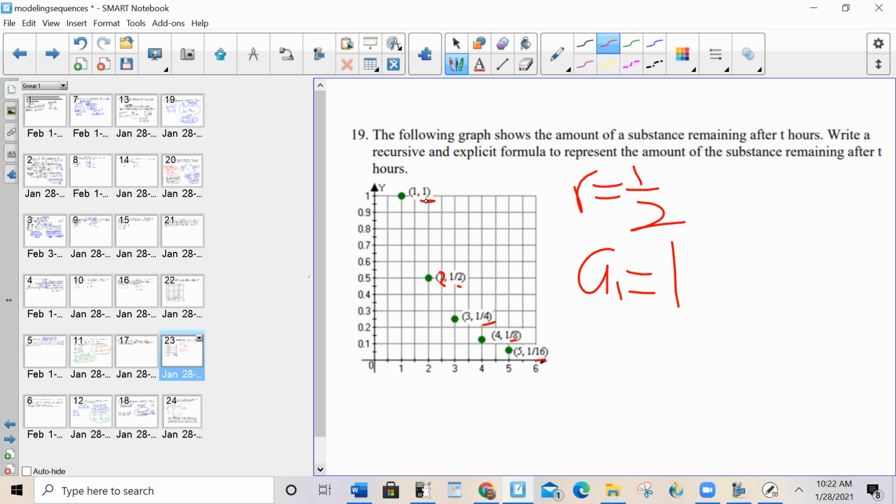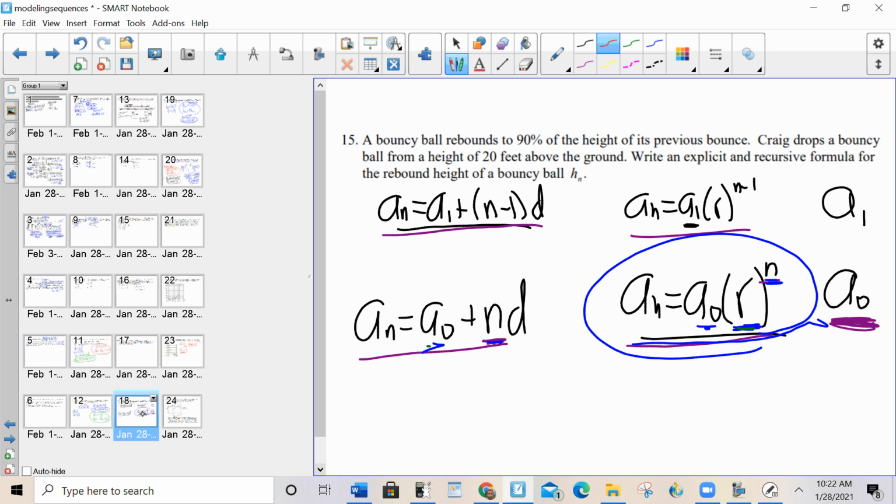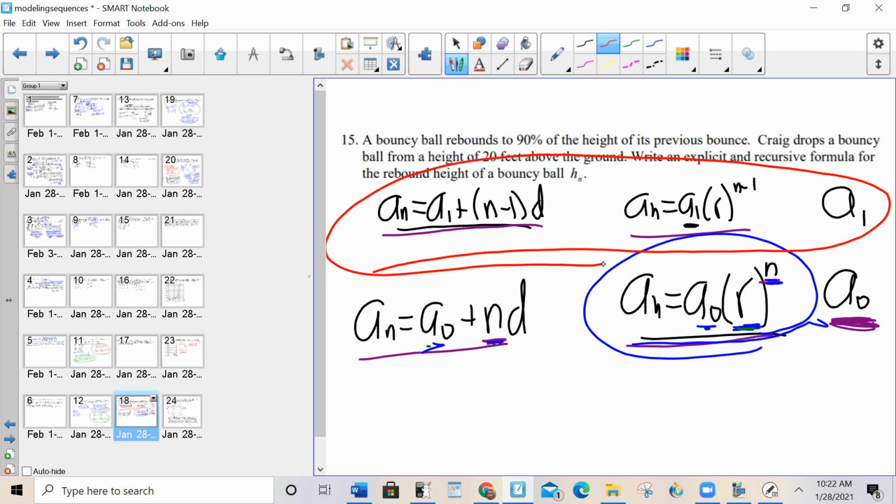So it wants recursive and explicit. It wants the variable to be t, so I guess I write At. Let's start with explicit. Do I have A1 or A0? Well, I have A1, so I'm going to be using these formulas.